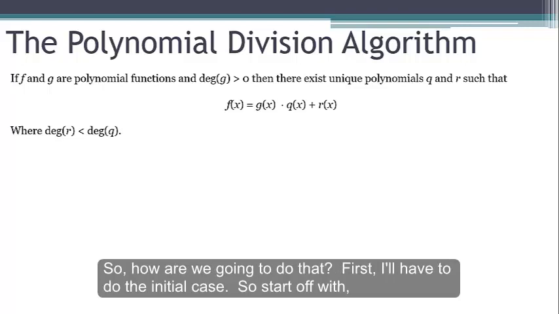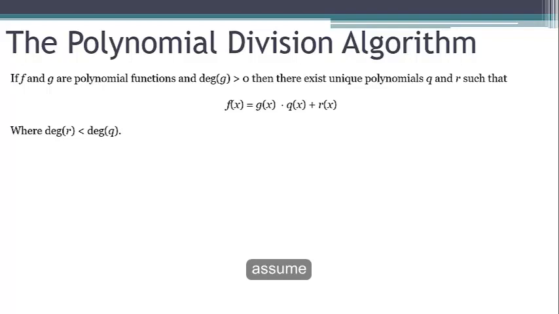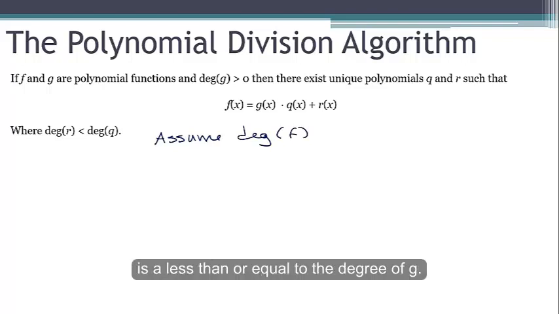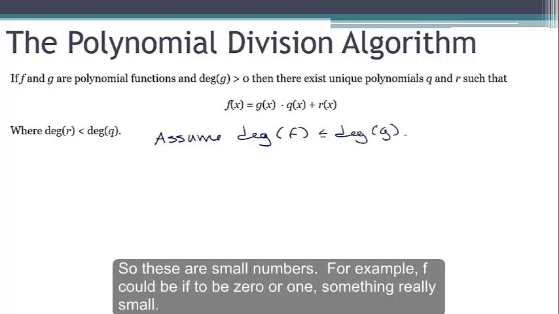Well, first, I have to do that initial case. So to start off with, assume that the degree of f is less than or equal to the degree of g. So these are the small cases. For example, f could be 0 or 1, something really small.